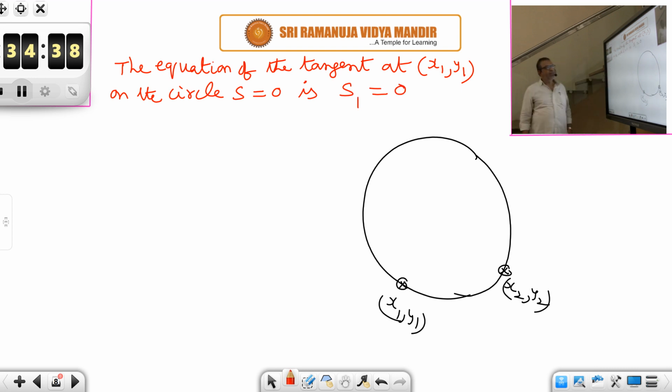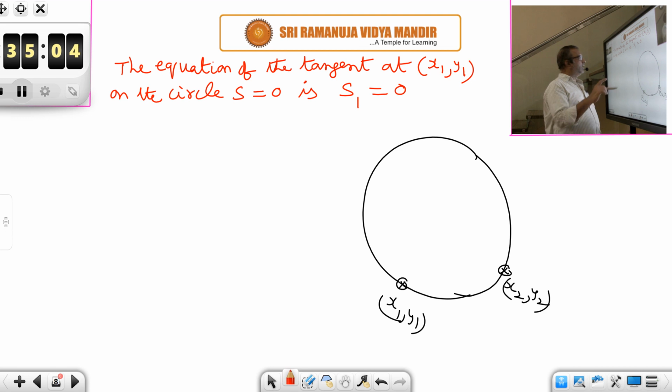The equation of the tangent at the point x1 comma y1 on the circle s is equal to 0 is s1 is equal to 0. This formula holds good not only for circle, it holds good for parabola, ellipse, hyperbola also. The equation of the tangent at x1 comma y1 on the parabola s is equal to 0 is s1 is equal to 0.